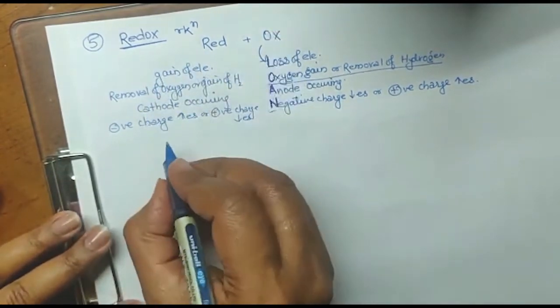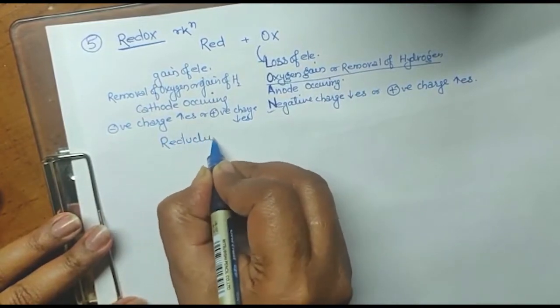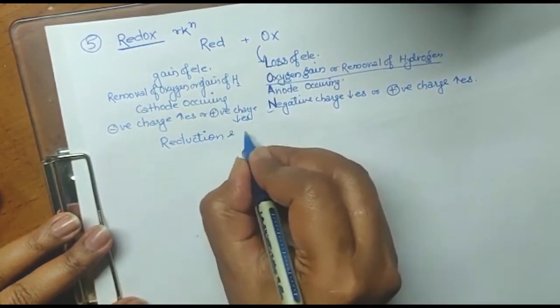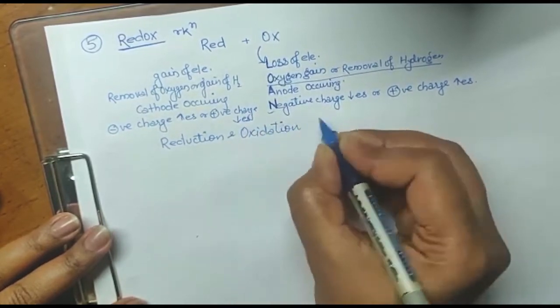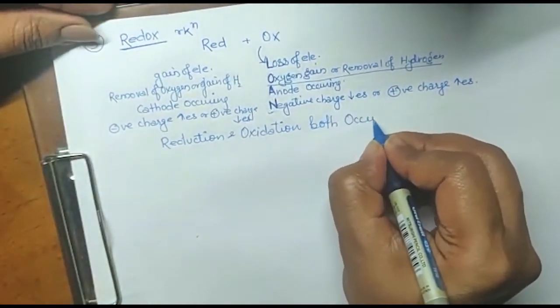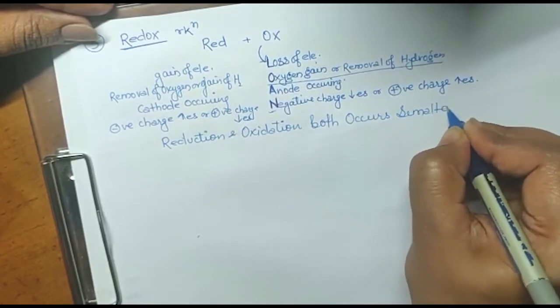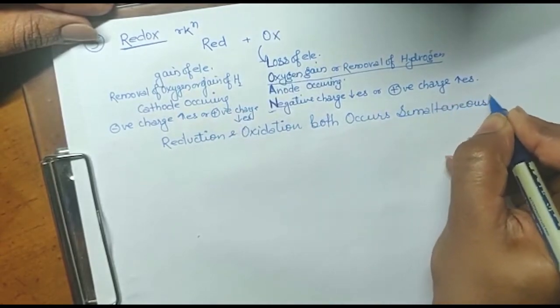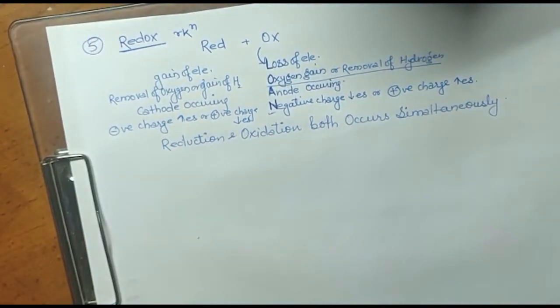Before that, 1 or 2 things I just wanted to say. That is, redox, reduction and oxidation, both occur simultaneously. Got it? That means no reaction will be there which has only oxidation or only reduction.